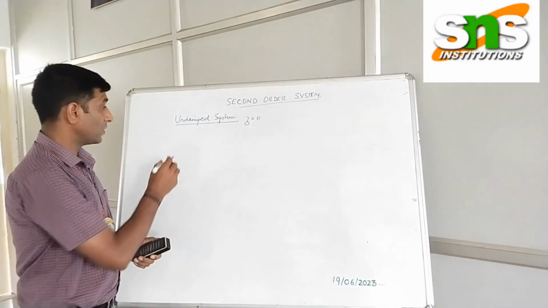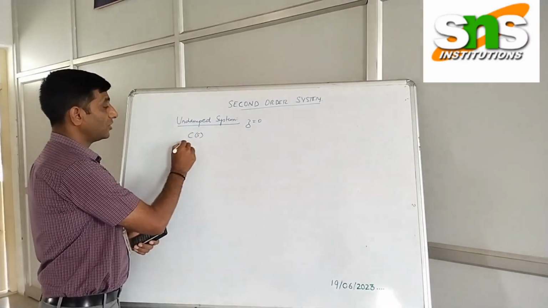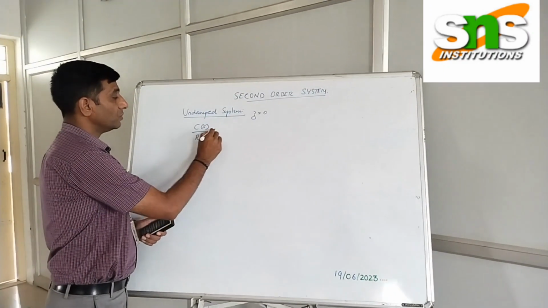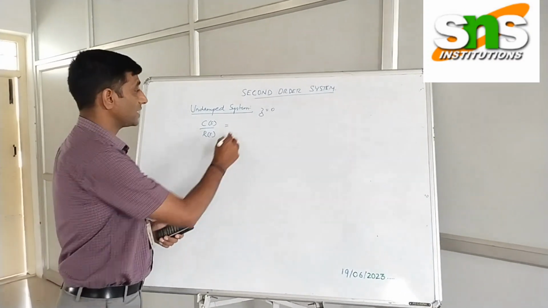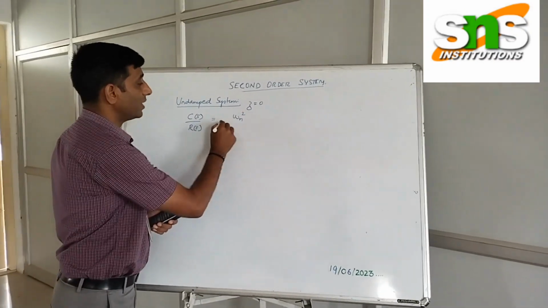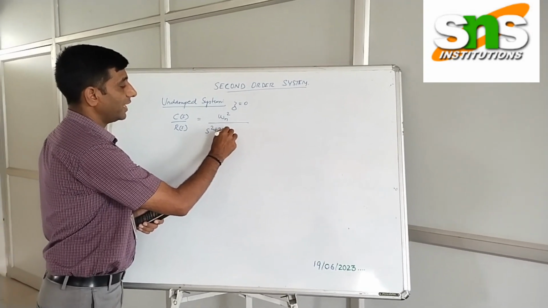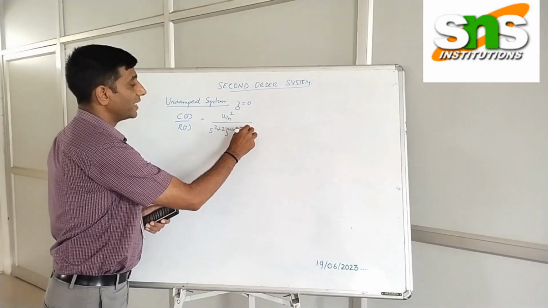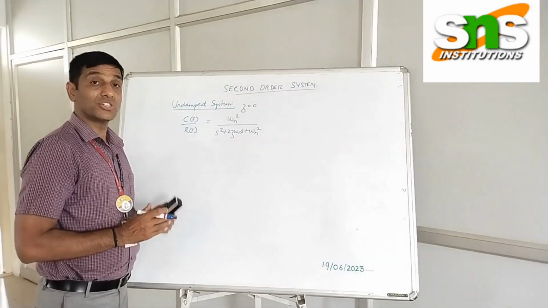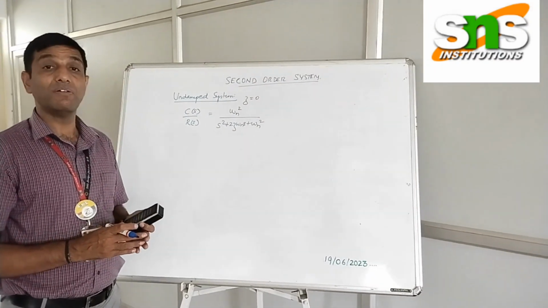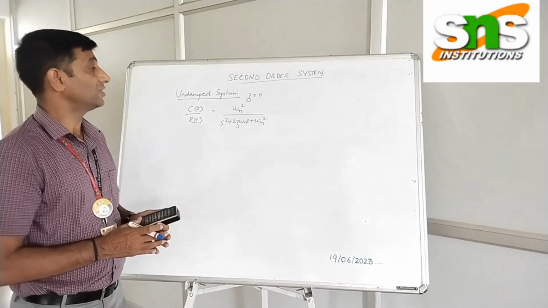Consider the general second order equation, which is given by C of s by R of s is equal to omega n squared divided by s squared plus 2 zeta omega n s plus omega n squared. This is the general expression for the second order closed loop transfer function.